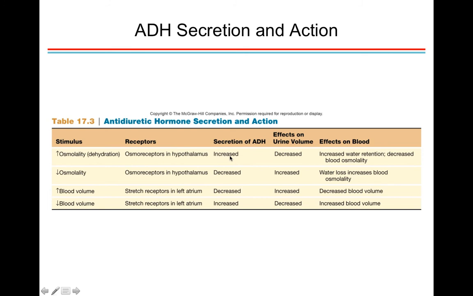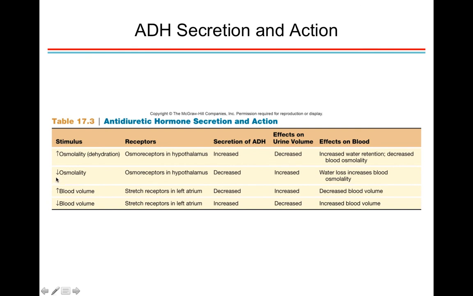This is going to send a signal to the cells lining the collecting ducts that they need to send the aquaporins in vesicles to the membrane to allow water to leave the collecting duct and enter the interstitial tissue. That will lead to a reduced urine volume.